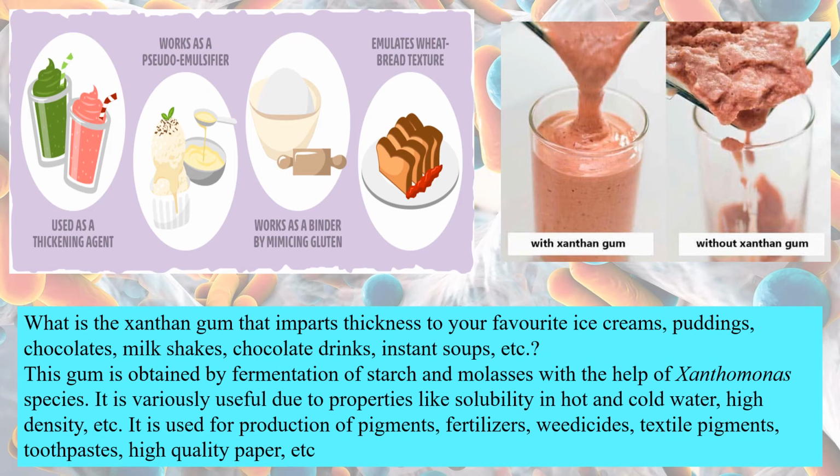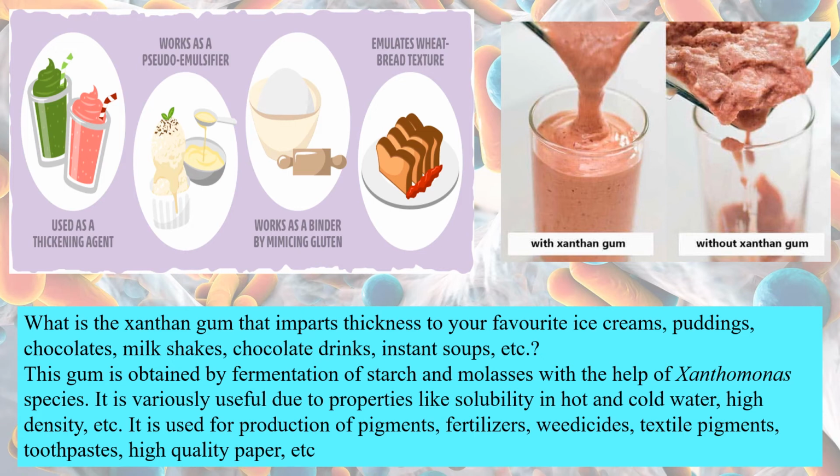It is variously useful due to properties like solubility in hot and cold water. Okay, it can be used because it works easily at both temperatures. Suppose if something hot has to be made, like while making ice creams, that time it could be used, and while making milkshake when the temperature is low, that time also you can use it.